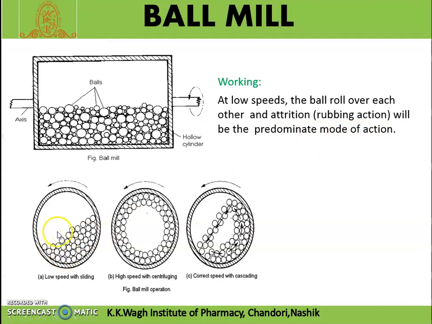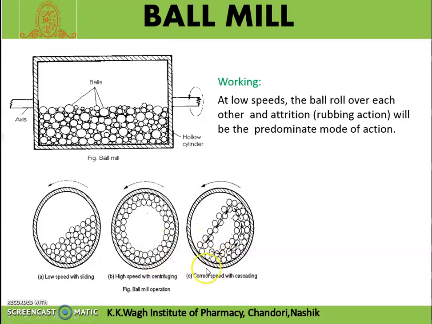When the machine is at low speed, what happens? The balls are not rolled, the mixing is not properly done, and particle size cannot be broken down properly. When we have a high speed, there is only moving round and round of the balls, but no size reduction mechanism happens.